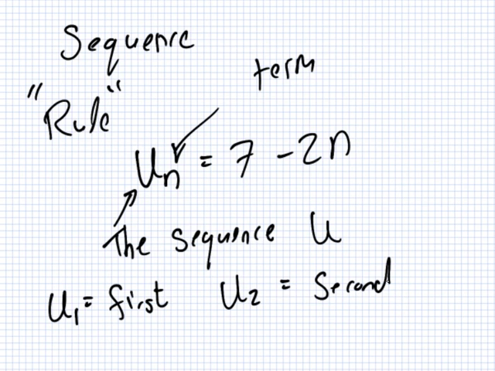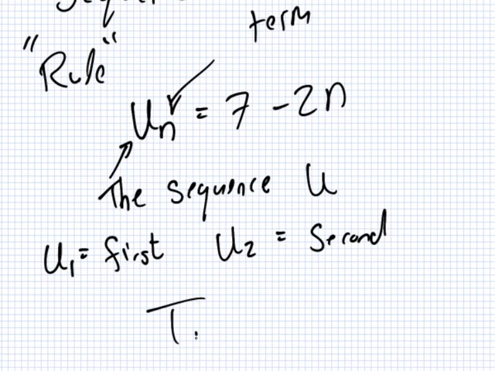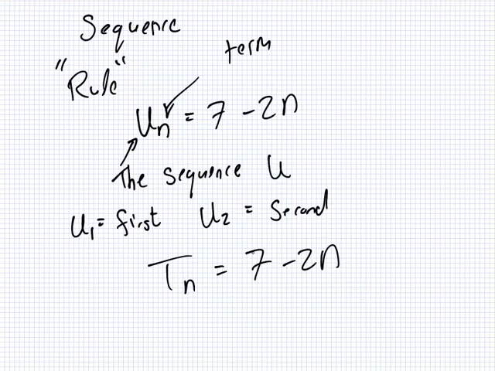In some high school books, you might have used the letter T. So if this looks more familiar, you could have written it like this. It's the same idea. So for this example, the first term in this sequence will be 7 minus 2 times 1, which is 5.